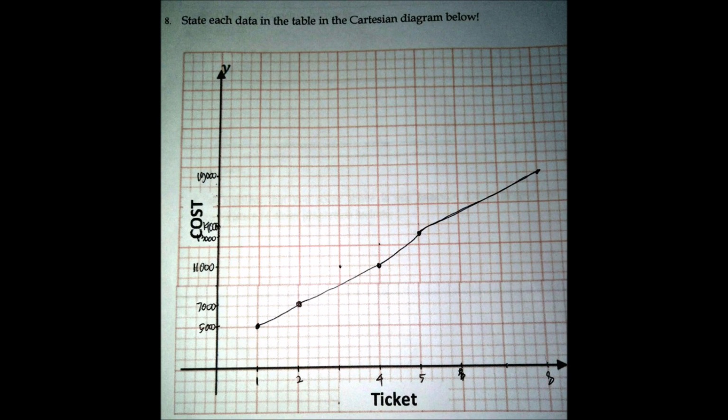So y1 over x1 is not equal to y2 over x2, and x1 times y1 is not equal to x2 times y2.